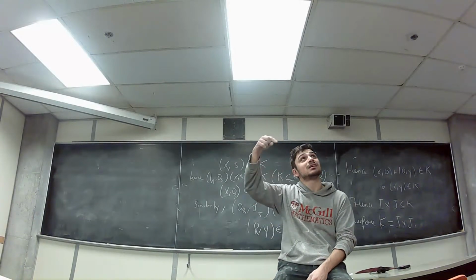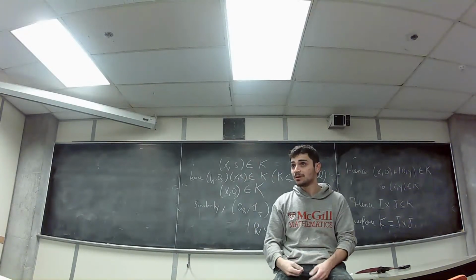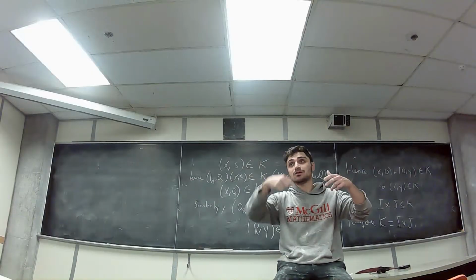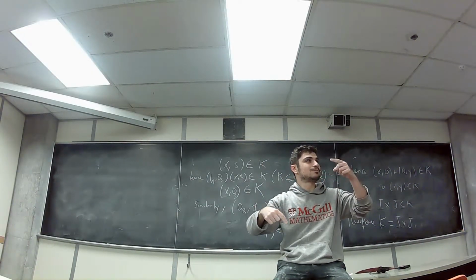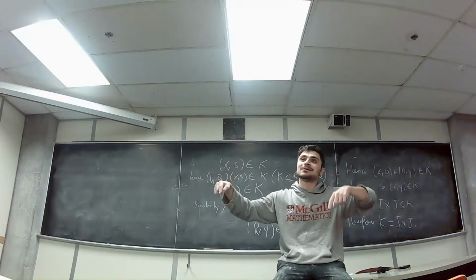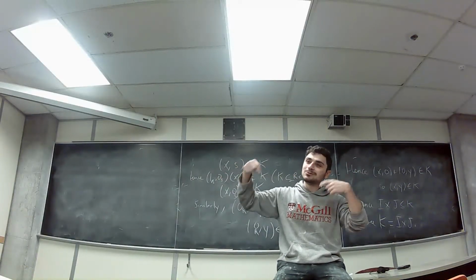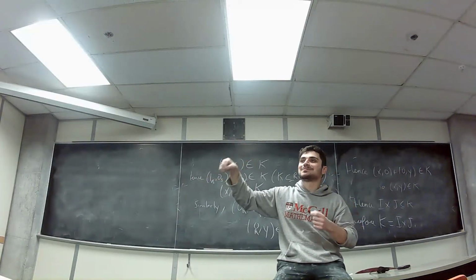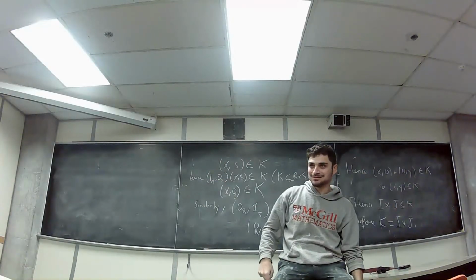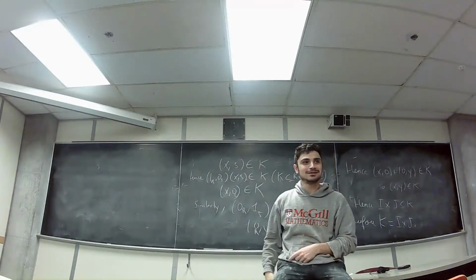Say root p is m over n, where m and n are co-prime, right? Then p is m squared over n squared, and you get that p n squared is equal to m squared. So p will divide m squared, so p will divide m. You plug that back in, you say m is equal to kp, and then you get that p will divide n, right? So p will divide both, contradicting the fact that they're co-prime.